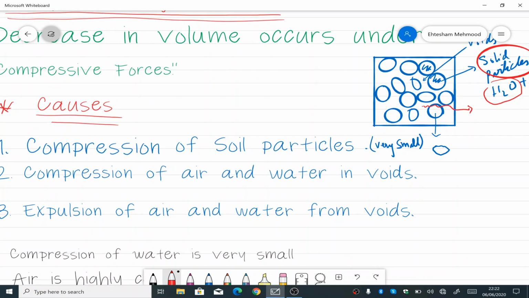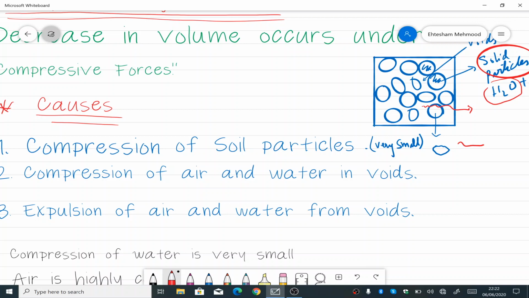Third reason can be expulsion of air and water from the voids. As we've already seen, we do not consider air because we are considering fully saturated soils for our course. So that means it is the expulsion of water. Now, repeating the causes: compression of soil particles is very small, so we can neglect that. Compression of air, there's no air because it's a fully saturated soil.